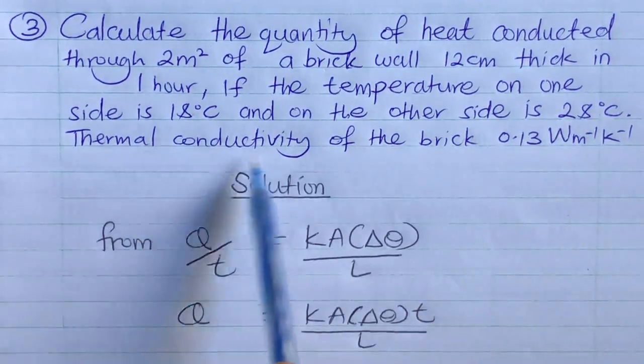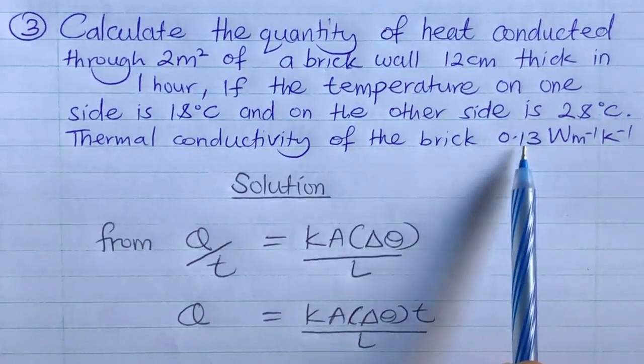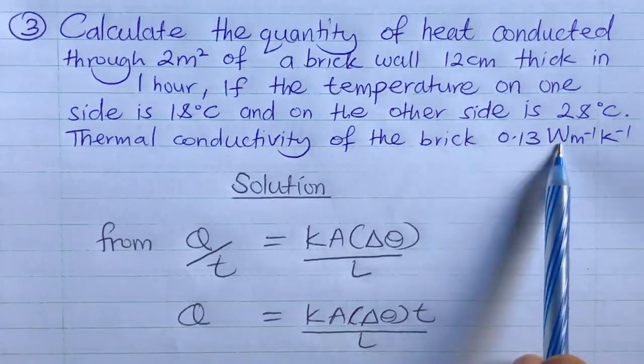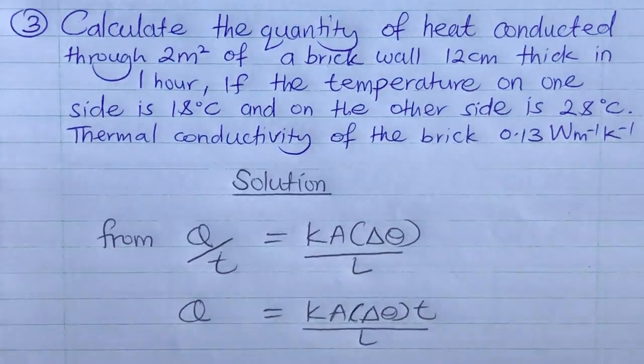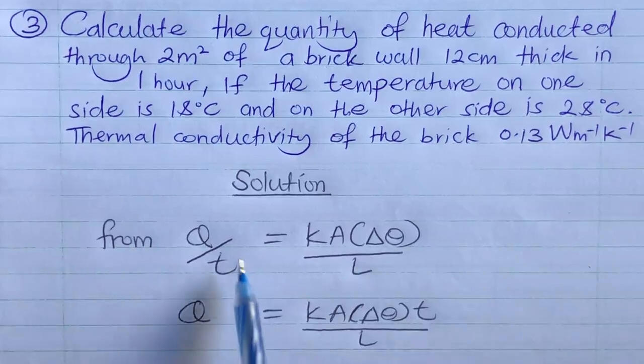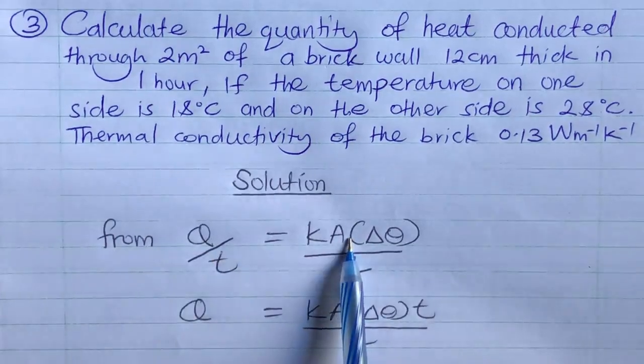The thermal conductivity of the brick is given to us as 0.13 watt per meter per Kelvin. So from our equation, we shall substitute for what we are given to get what we want.